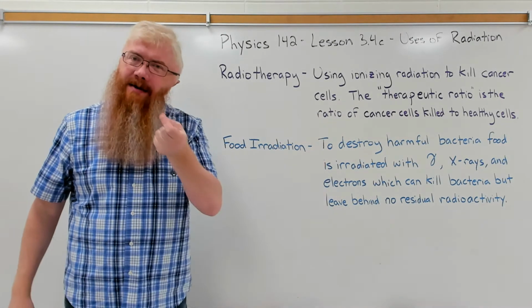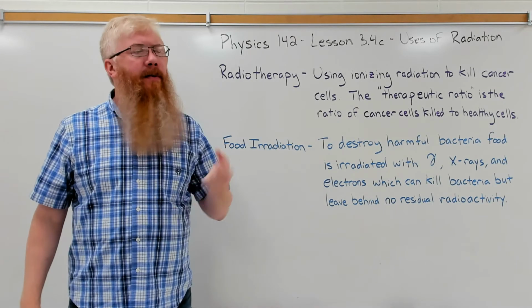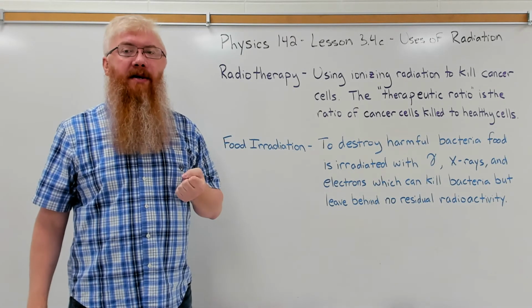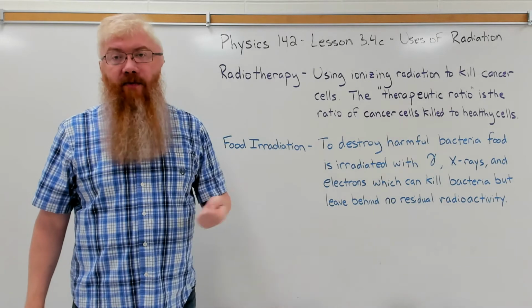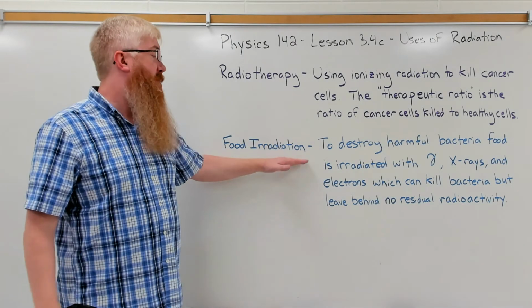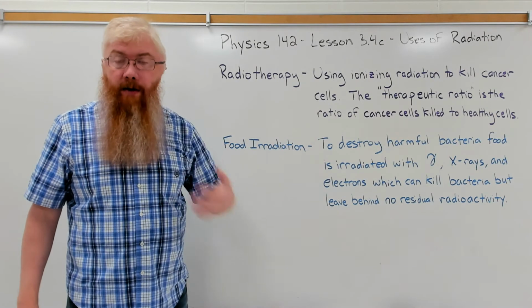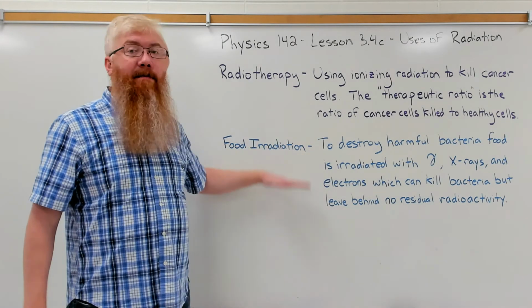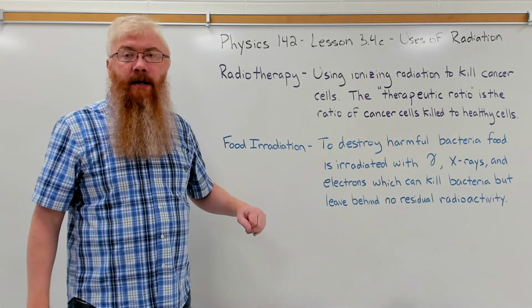Those chemicals are not detectable. They're created in such small quantities that aren't really detectable, but there could be harmful consequences. We just don't know what the long-term consequences are because we haven't done this for very long. And people don't eat much irradiated food.